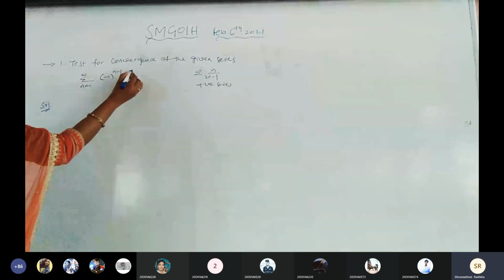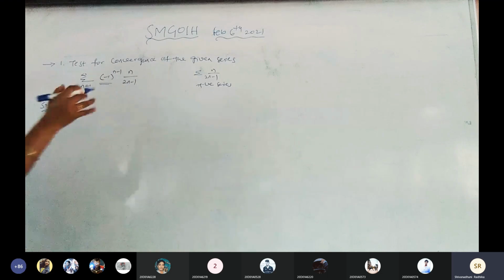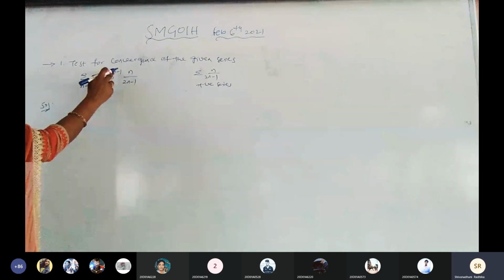When the summation has minus 1 to the power of n, or minus 1 to the power of n minus 1, or minus 1 to the power of n plus 1, then it is an alternate series. Is it clear? Any series with such a term is compulsorily an alternate series.